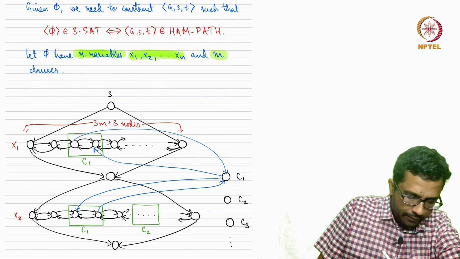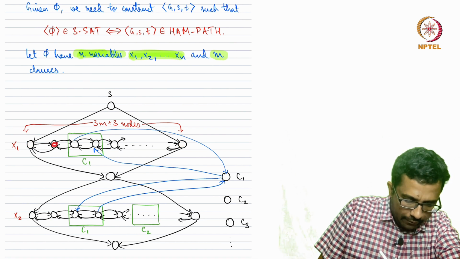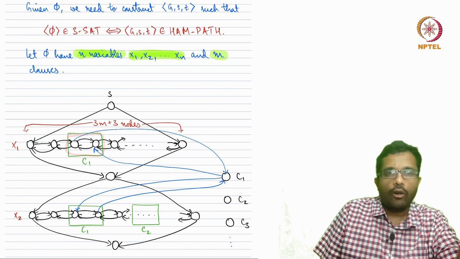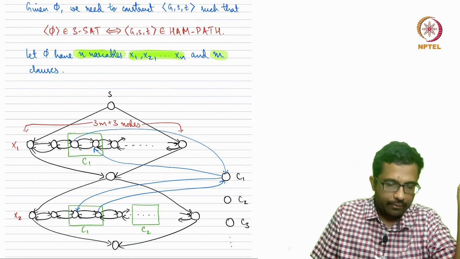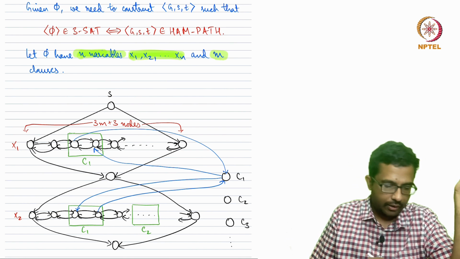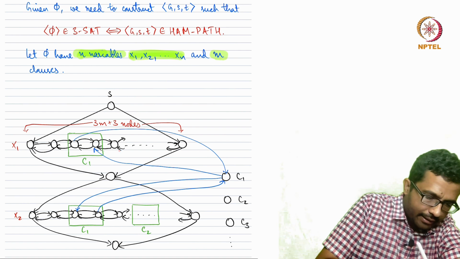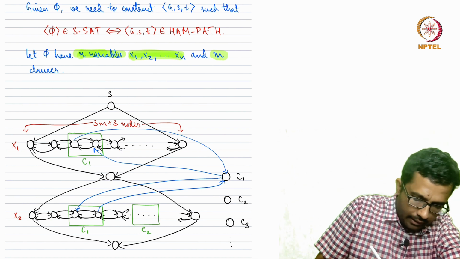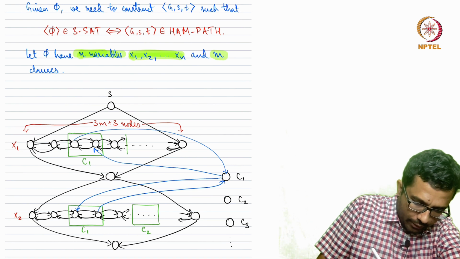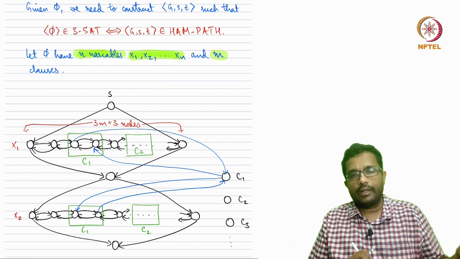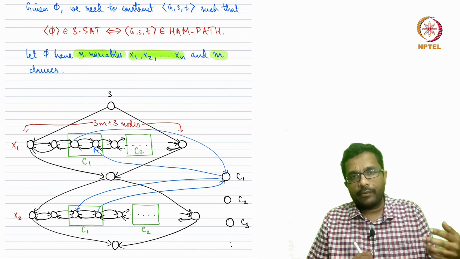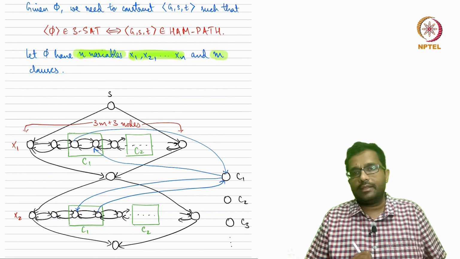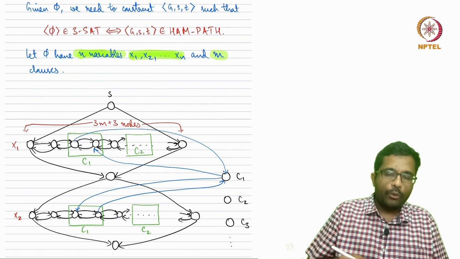What we do is, there are two endpoints here. After the endpoint we skip one vertex, and the next two vertices we call a group corresponding to C1, where C1 is the clause. Then we skip another vertex, and the next two vertices correspond to the clause C2, and we skip another one, and the next two correspond to clause C3, and so on up to m clauses.